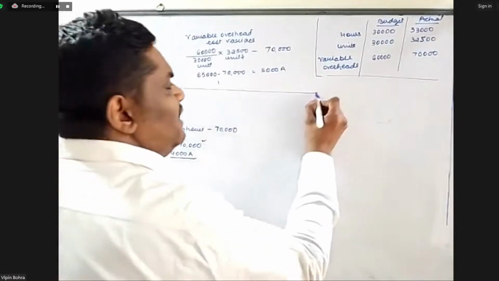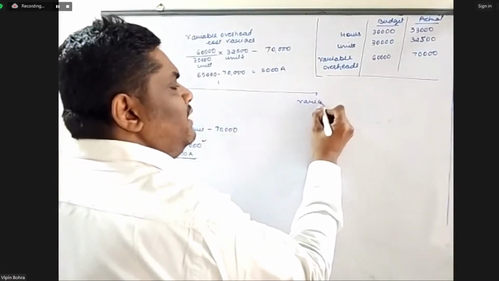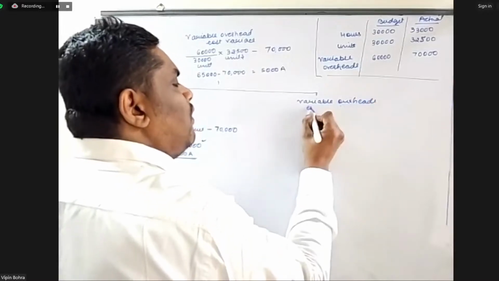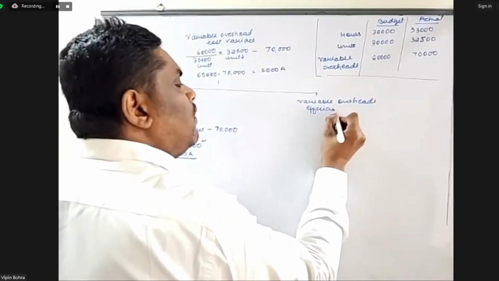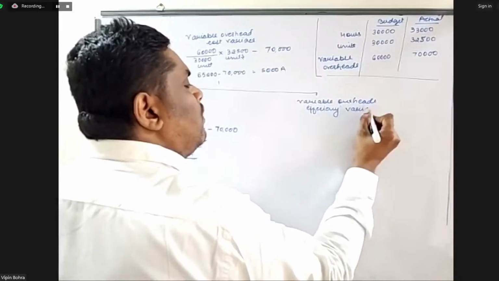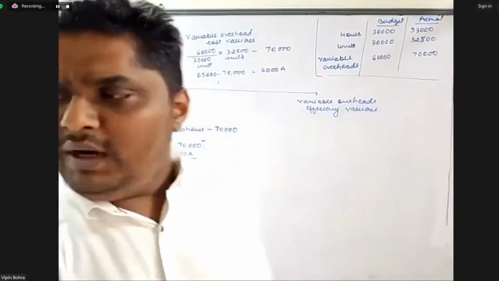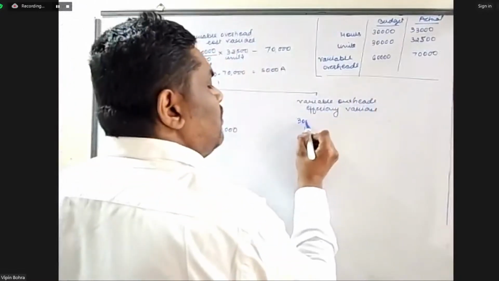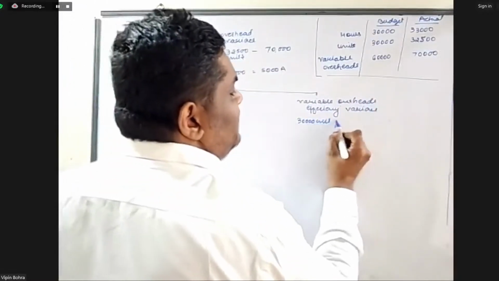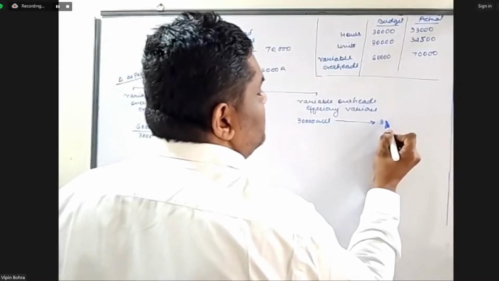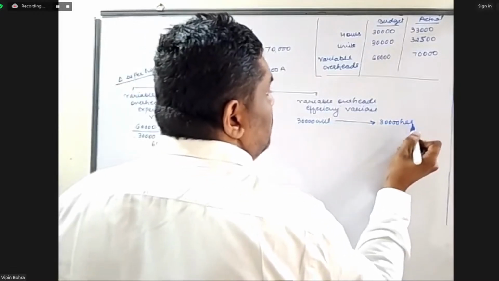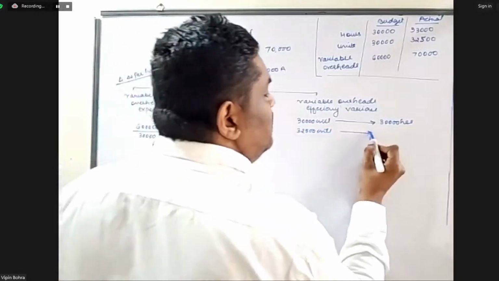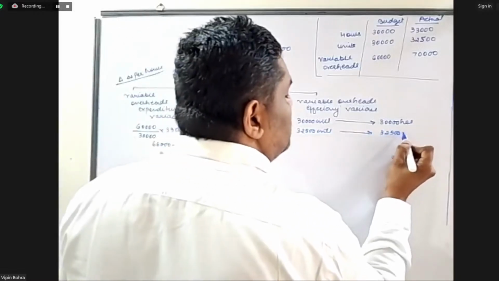Now next is the last one, variable overhead efficiency variance. Just like fixed overhead, we will calculate variable overhead efficiency variance. 30,000 units should have been made in how many hours? 30,000 hours. So 32,500 units should have been made in how many hours? 32,500 hours.